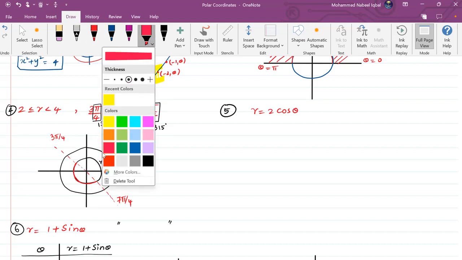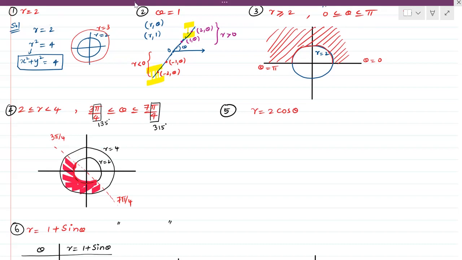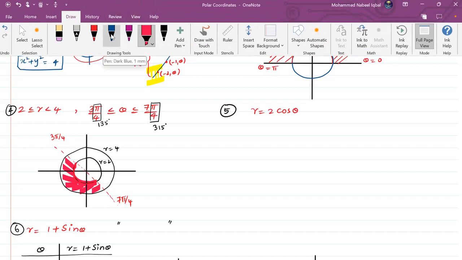So I will consider this part without taking the 4. Here r equal 4 is not included, but this line is included. That's it. So this is the diagram for the polar coordinate.